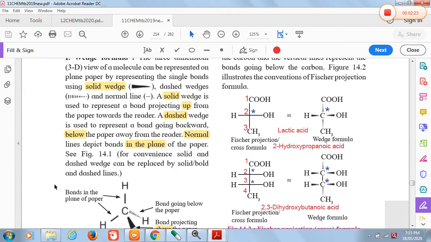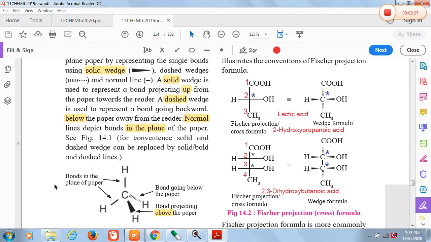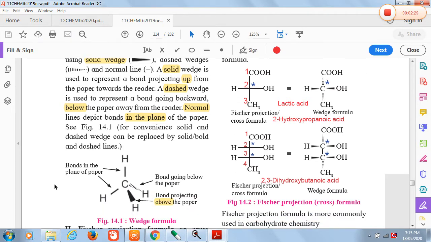So let us see one molecule and it is methane. The Wedge formula of methane. So these two hydrogens are bonded in the plane of paper because they are shown with normal lines. Then this solid wedge represents bond going above the plane and this dash wedge represents bond going below the plane of paper.